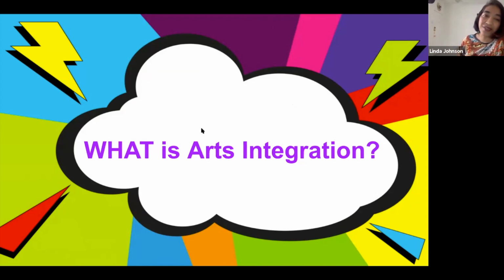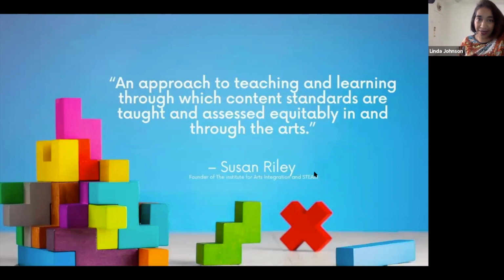All right, so arts integration, what is it? Susan Riley, the founder of the Institute for Arts Integration and STEAM, says that arts integration is an approach to teaching and learning through which content standards are taught and assessed equitably in and through the arts. The key statement is content standards are taught and assessed equitably.